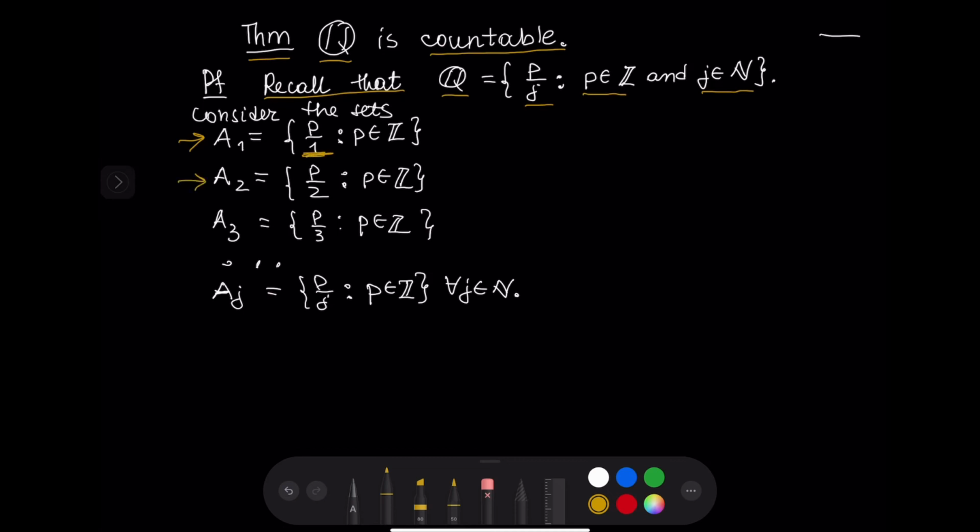The set A2 consists of all fractions p over 2, where p is an integer. The set A3 consists of all the fractions p over 3, and so on. So for every natural number j, the set A_j consists of all fractions p over j, where p is an integer. So we may notice that Q is the union of all of the sets A_j.